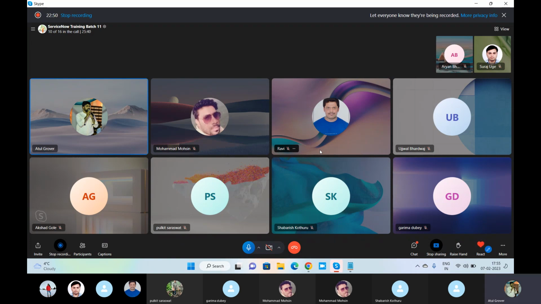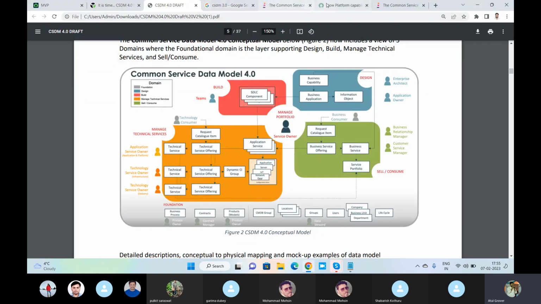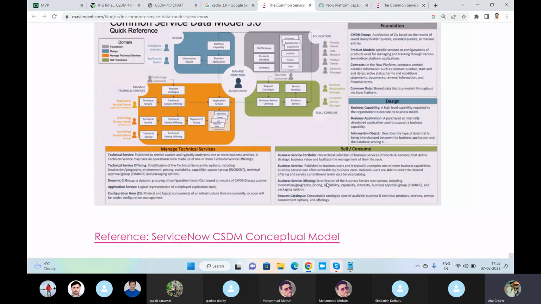That CCD was open 24/7 because it was in a prime location of the offices. Like Domino's, if that Domino's is in the airport, they operate 24/7. This is an offering. So what is the meaning of offering here? It says offering is a stratification of the business service, including options like localization, pricing, availability, capability, criticality.